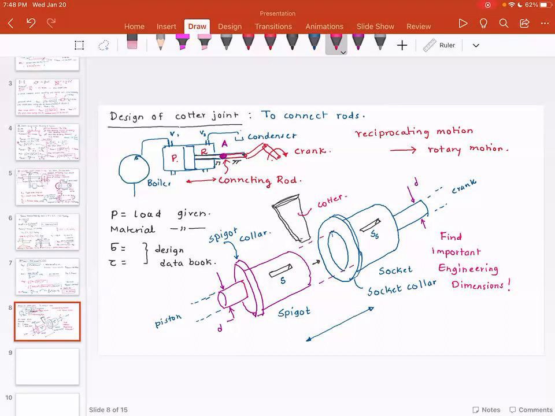Once you have a rough sketch, you can start CADing in SolidWorks. You can create the socket, the spigot, the cotter, and then assemble the cotter joint in the assembly mode. Okay, so I'm going to start the design process. Before I begin, are there any questions?